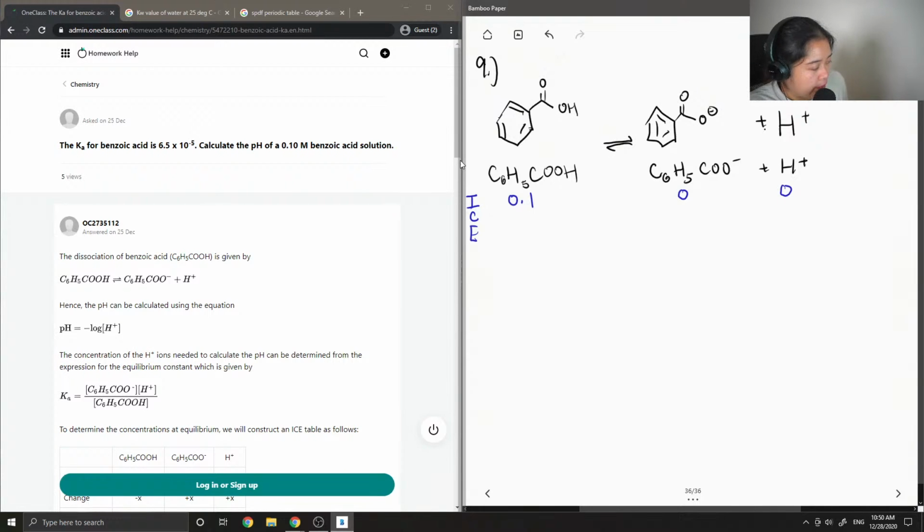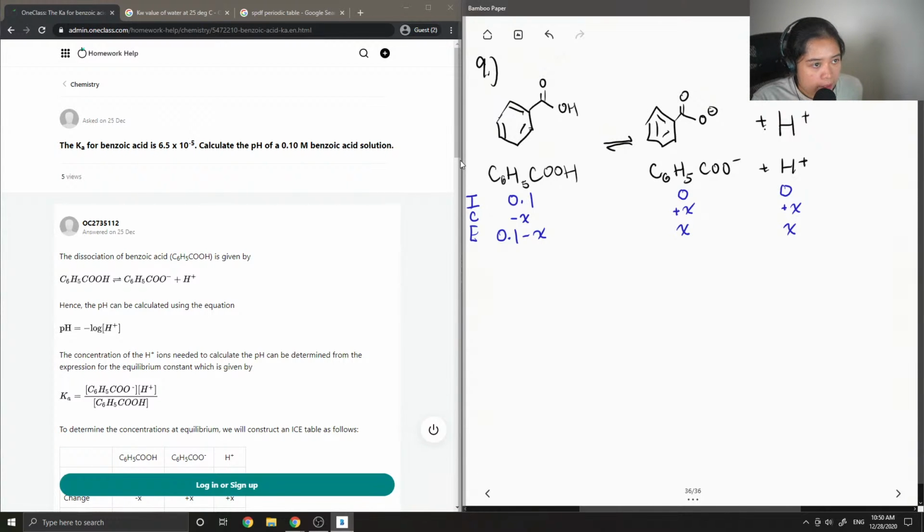And then for the change, the reactant changes by minus x, and both of the products change by plus x. So at equilibrium, for benzoic acid, its concentration is equal to 0.1 minus x. And for both of our products, their concentrations will be equal to x at equilibrium.